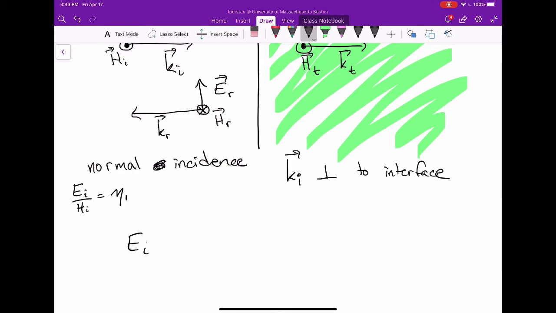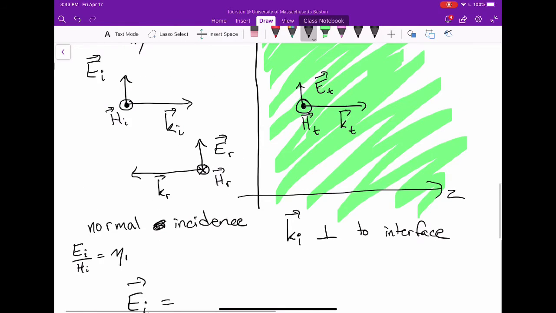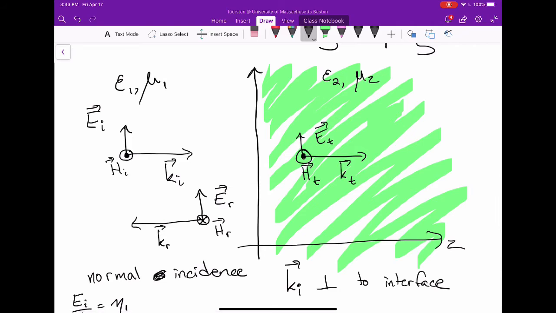EI. I'm going to define a direction of propagation. So that's my z-axis right there. And I'm going to say that x is that one, which means that y is out of the board.